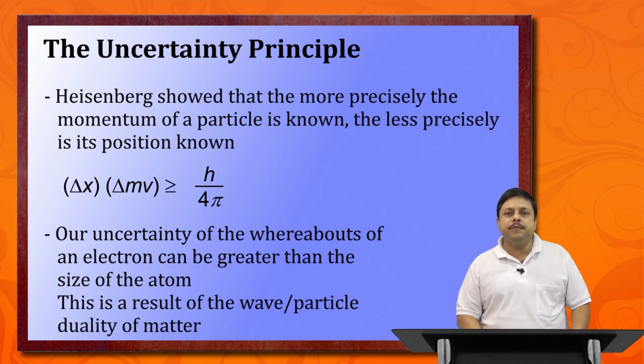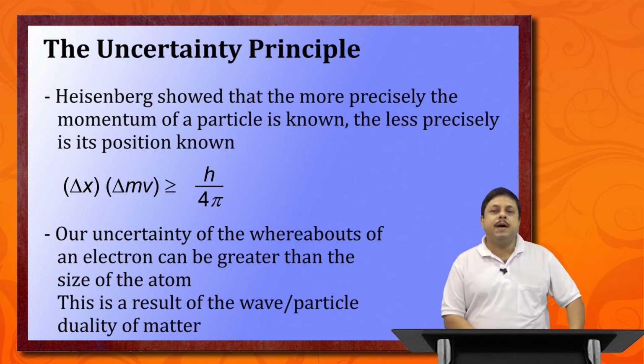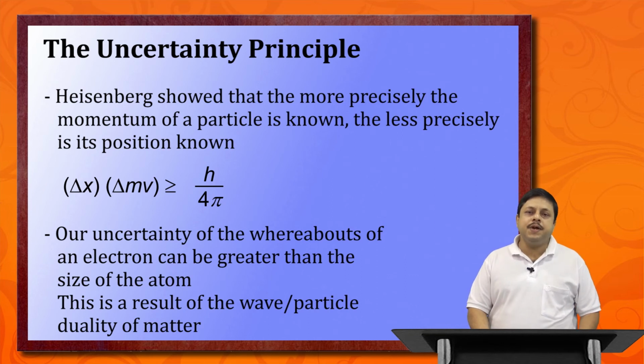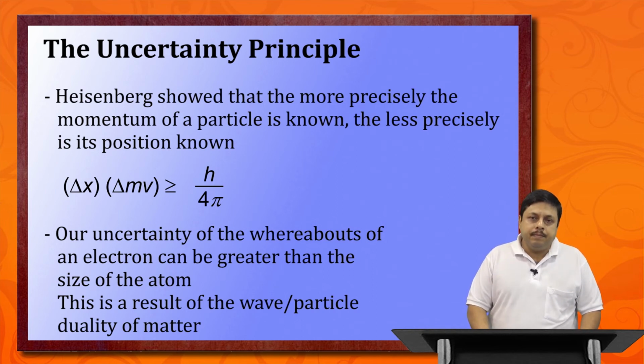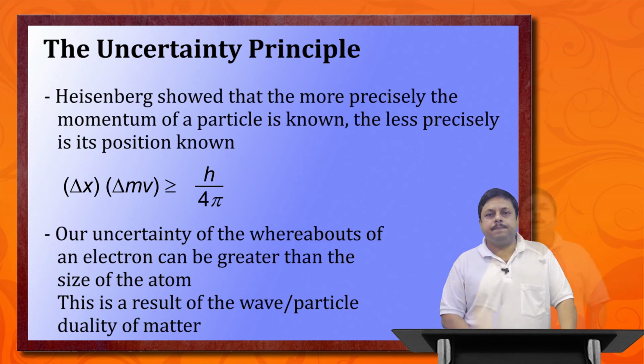Depending on what sort of experiment we are performing, matter at times behaves as waves, matter at other times, again depending on the nature of experiments that we are performing, behaves as particles.